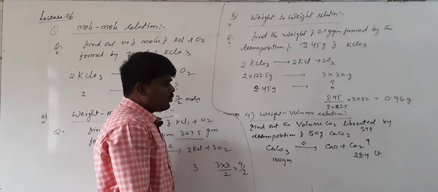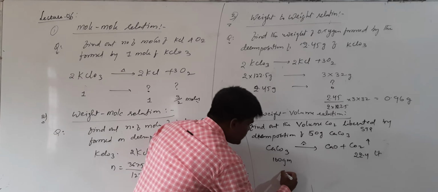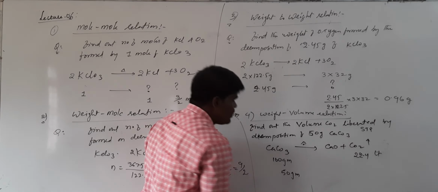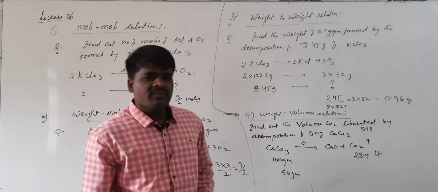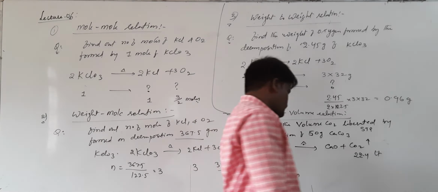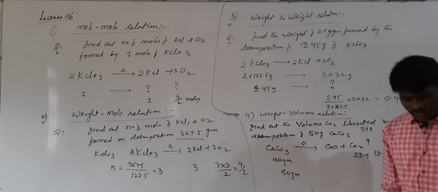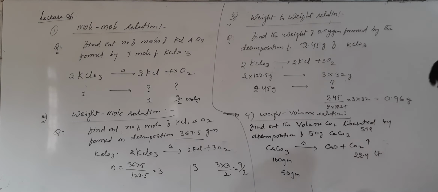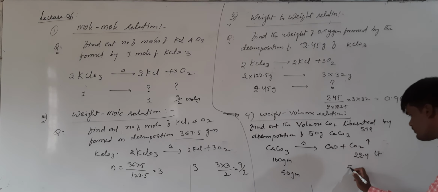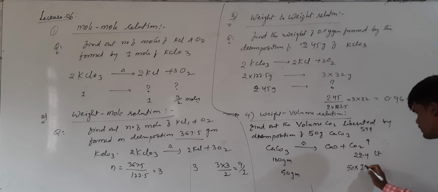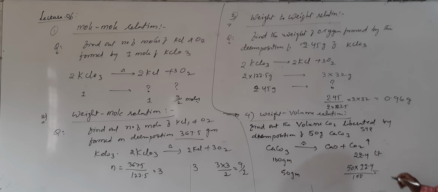And what is he asking? If 50 grams is decomposed, how many liters of carbon dioxide will be produced? 50 into 22.4 by 100. How much does it come to? It comes to 11.2 liters.